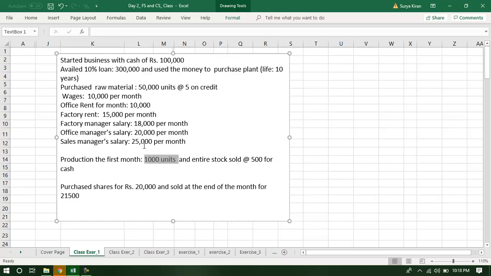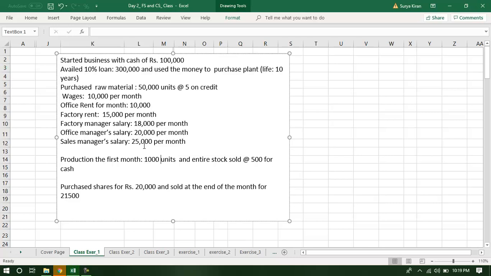Now observe something, let us make some assumption. So 50,000 units of raw material were used to produce 1,000 units of output. That means 1 unit of output requires 50 units of raw material.